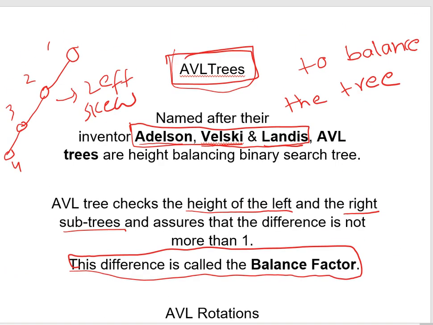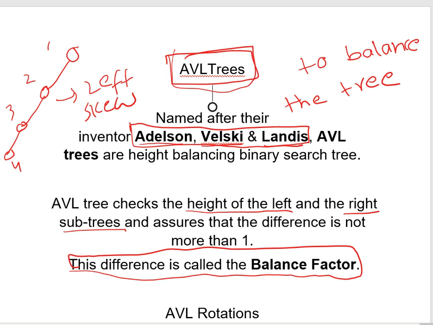Once again I am repeating here. See, an AVL tree checks the height of the left and right subtrees and ensures that the difference is not more than 1. The difference is called the balance factor. You should remember this one. Everybody should remember this point.